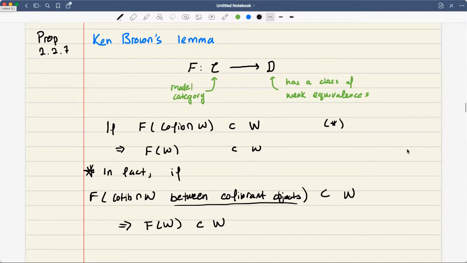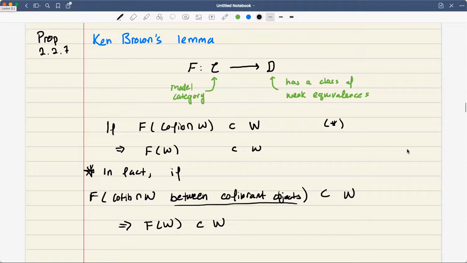And he says, if we just take a look at a smaller class of morphisms, the acyclic cofibrations, which are in particular weak equivalences, then if those go to weak equivalences, actually all weak equivalences in C are mapped to weak equivalences in D.